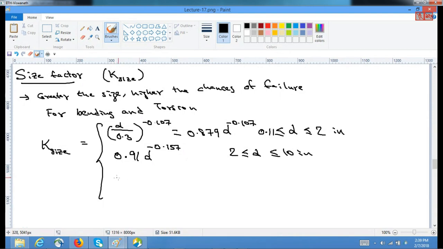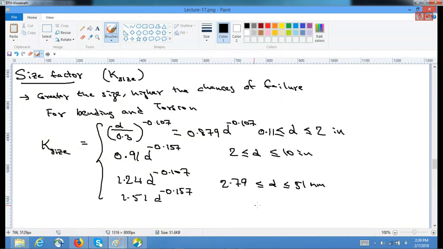And if you want to measure d in terms of mm, the same expression can be written as 1.24 d to the power of minus 0.107 if it is between 2.7 to 51 mm, or it is 1.51 d to the power of minus 0.157 if it is between 51 mm to 254 mm.